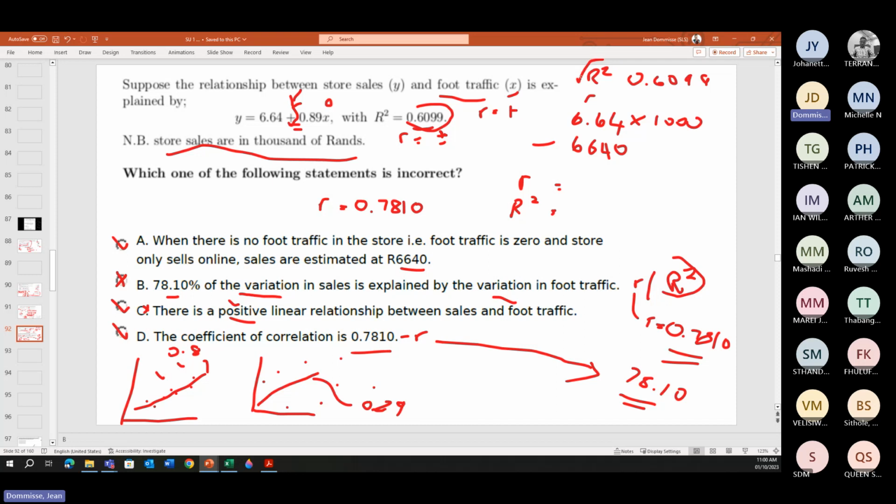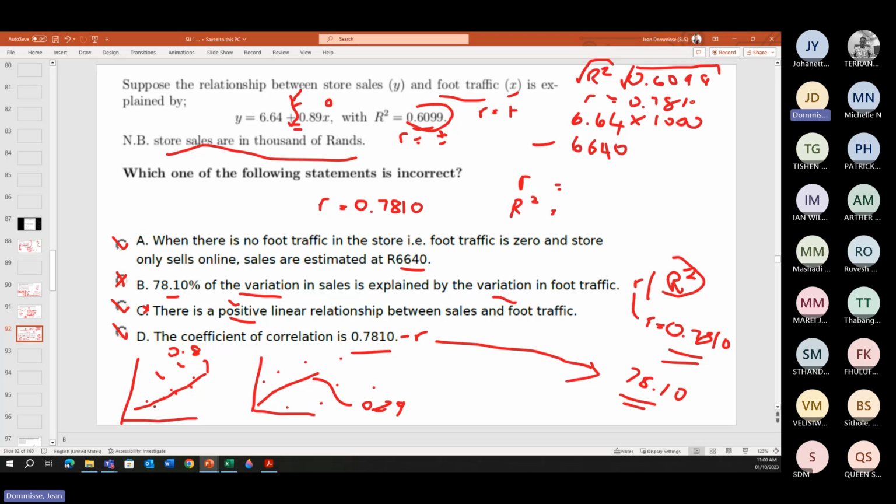We need to square root the 0.6099. When we square root that, we will get the answer of 0.7810. So if you square root the R square, you will get the R.